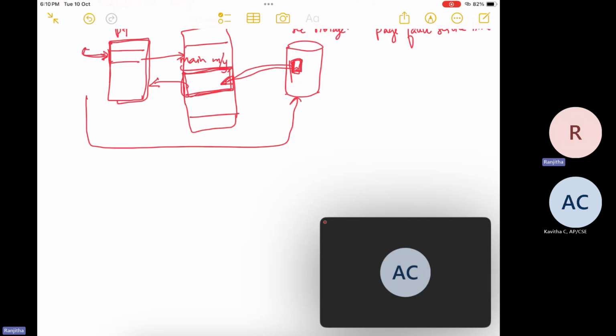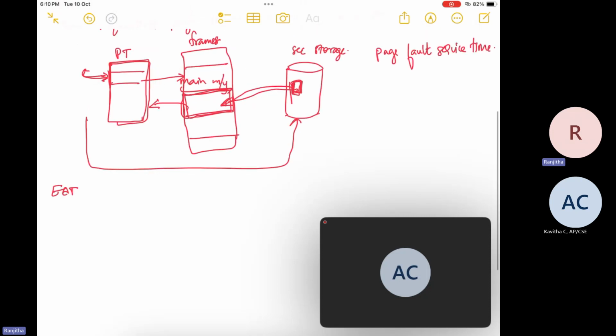Okay, so effective access time when we don't have any page fault. Let's consider we have a TLB also, and we don't have any page fault.